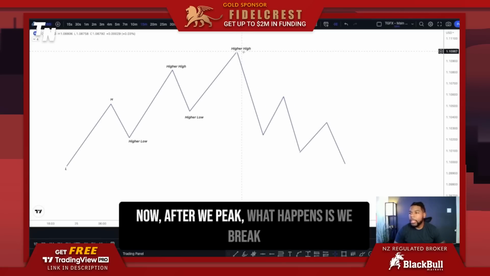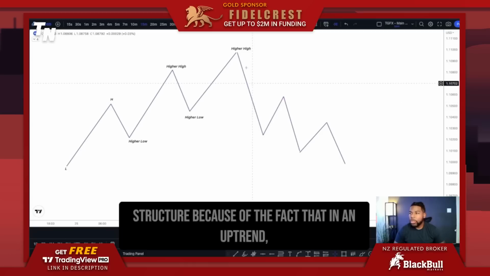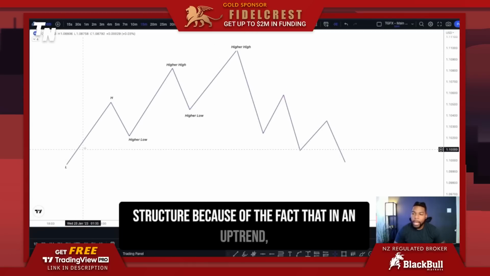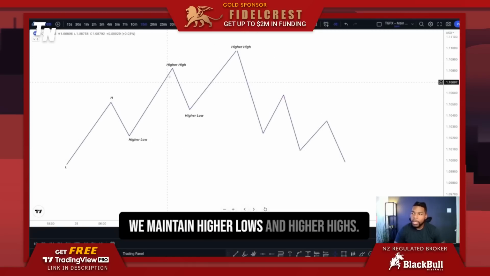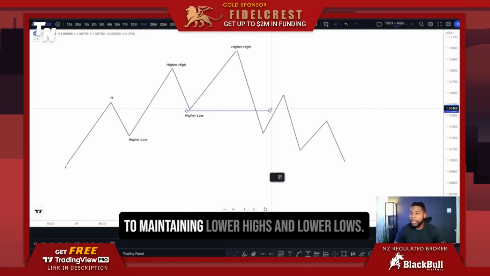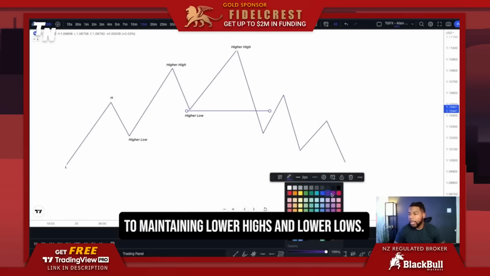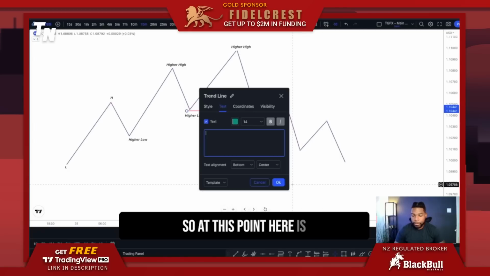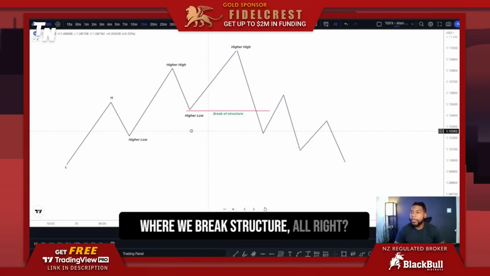Now, after we peak, what happens is we break structure because of the fact that in an uptrend, we maintain higher lows and higher highs. And in a downtrend, we're going to switch to maintaining lower highs and lower lows. So at this point here is where we break structure. All right.